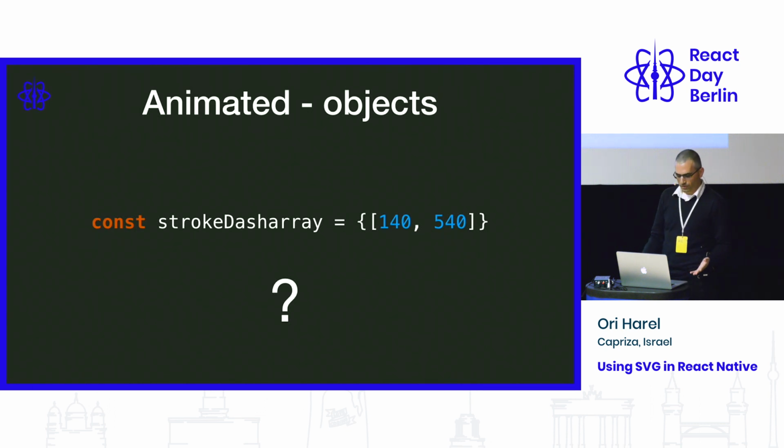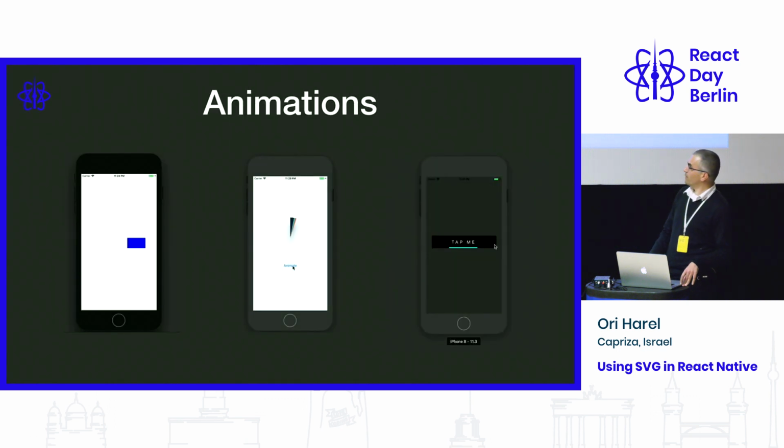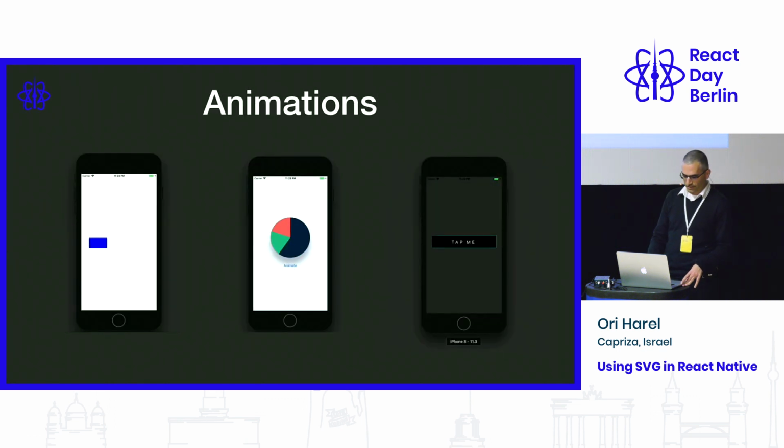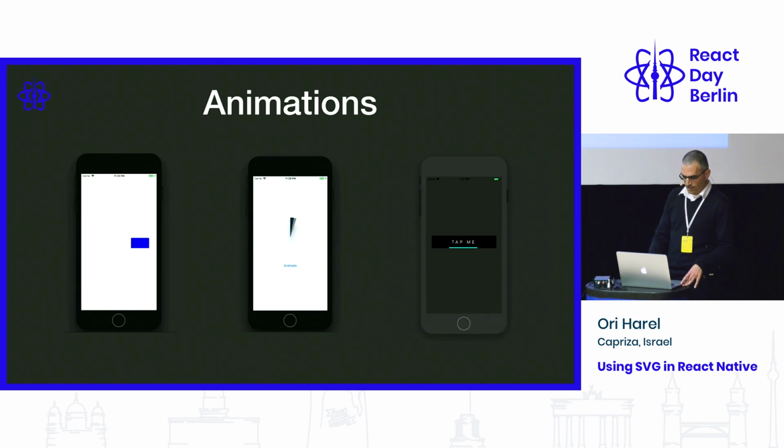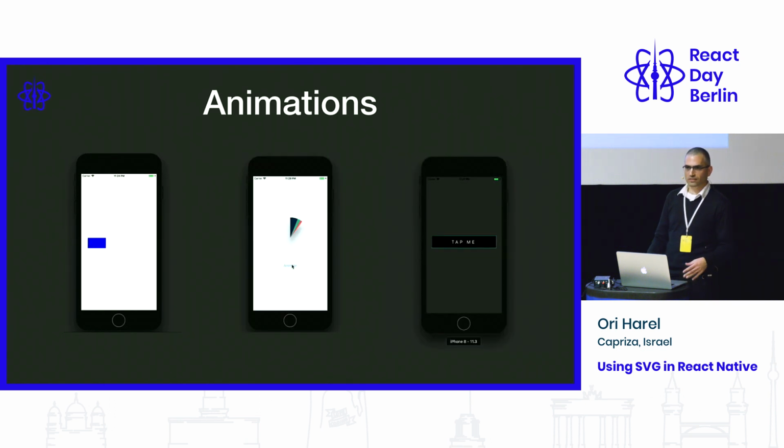So it receives an object, in this case an array of two elements. Again, it's a little bit challenging to animate. So what do we do there? I'm just going to quickly run through three examples that pose those challenges and what I did to overcome them.